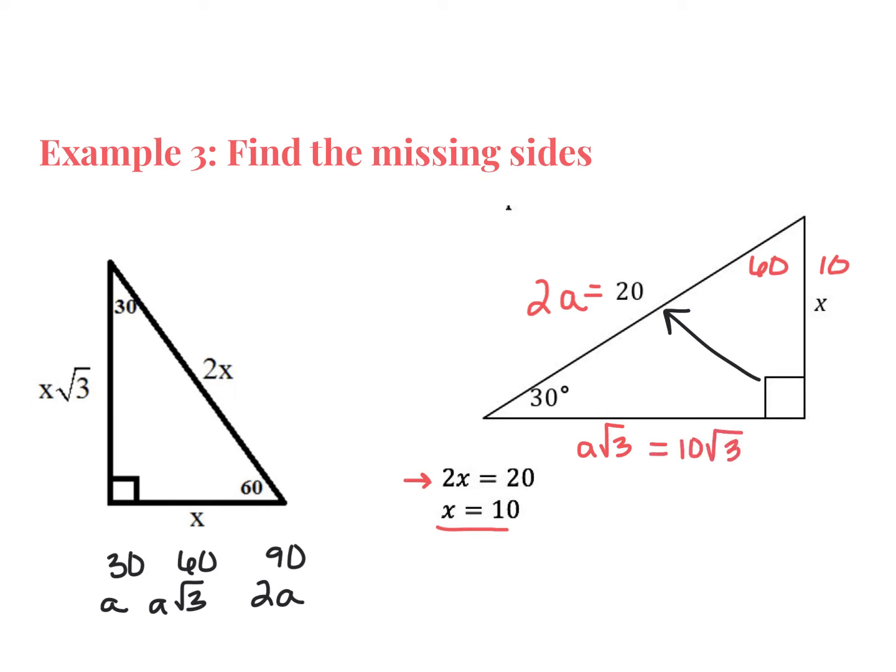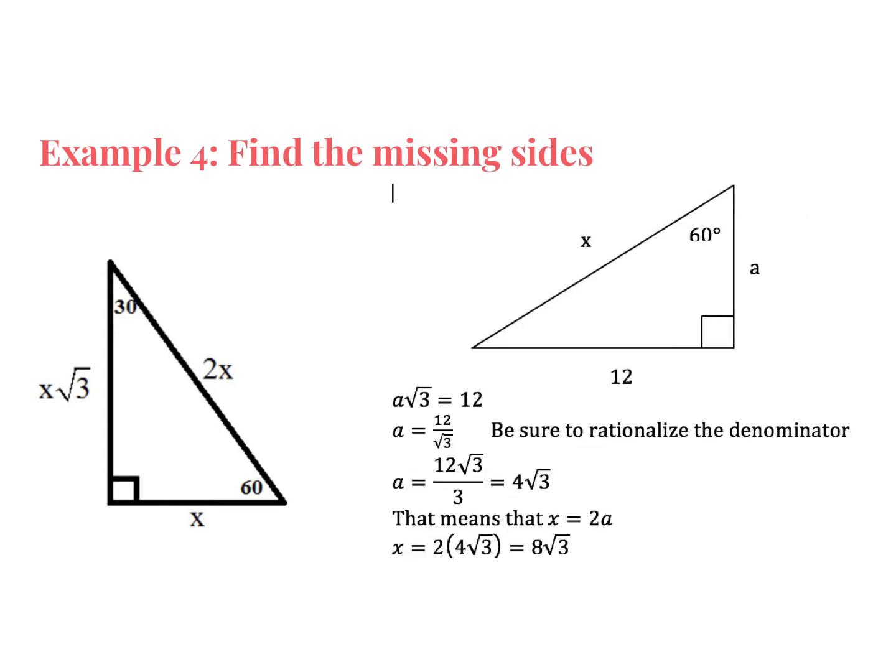Another way, again, using that chart, you could go 30, 60, 90 has a ratio of a, a root 3, 2a. I fill in what I know. I solve for a. Find the missing sides. Again, that 3 by 3 table can be helpful. A way to organize your thoughts.